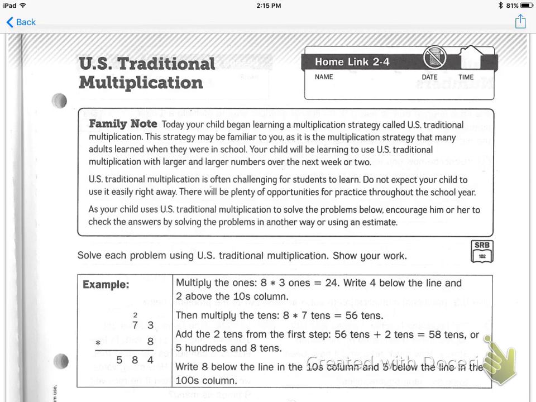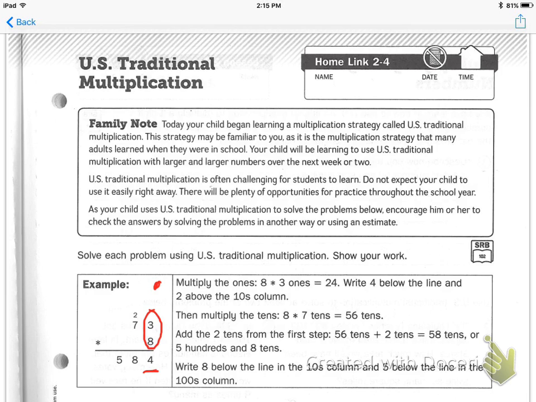Let's take a look at our example. So the directions say, solve each problem using U.S. traditional multiplication. Show your work. Just like we did in our practice problem, it says, multiply the ones. That equals 24.